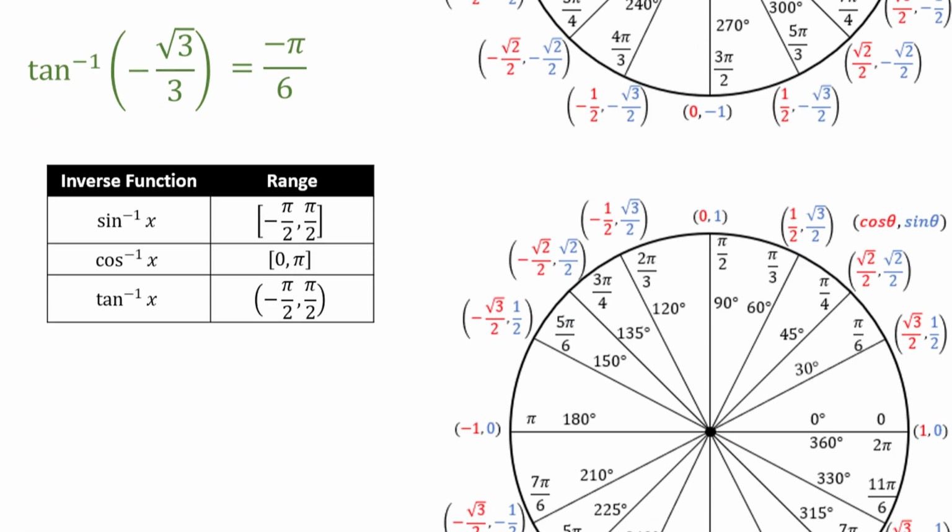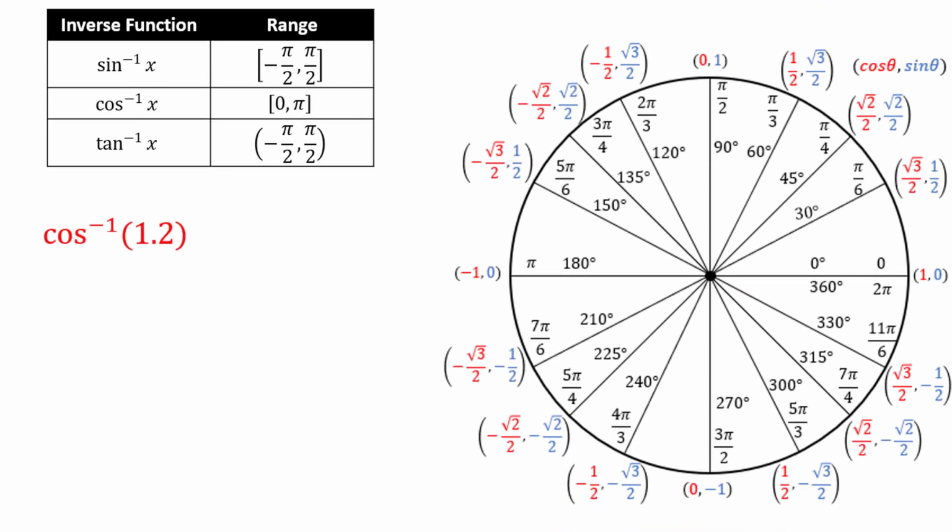Okay, let's try a last few examples here. So let's say we want to find the inverse cosine of 1.2. This is basically asking cosine of what will give me an output of 1.2. And the answer is, hopefully you're seeing this, there is nothing. There is no angle whose cosine will be 1.2.